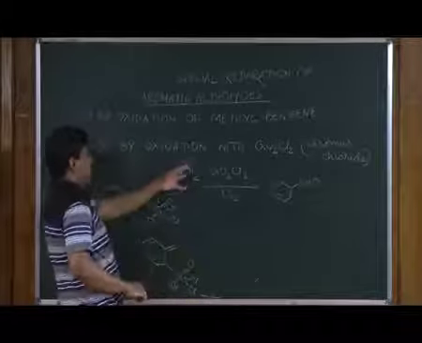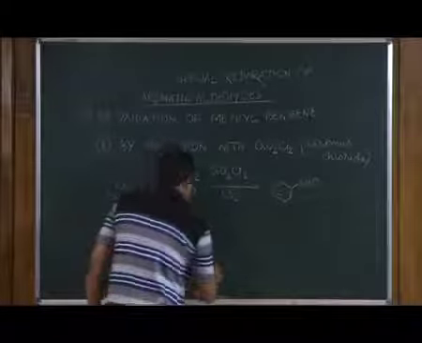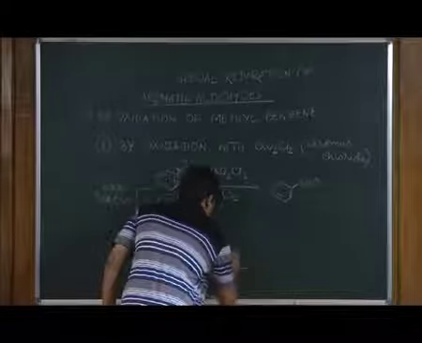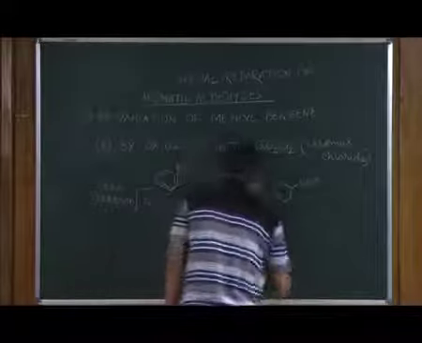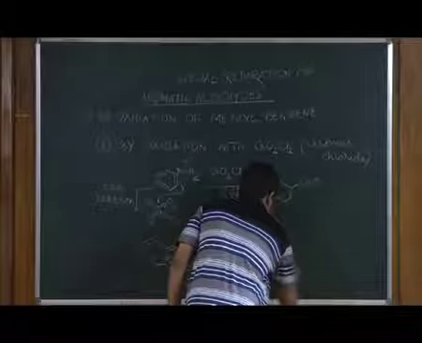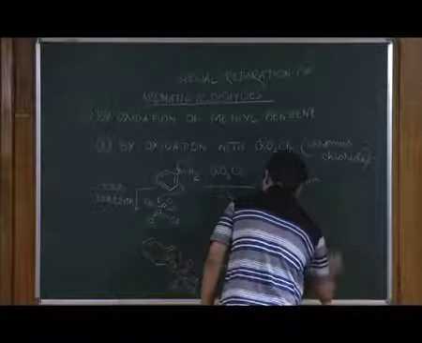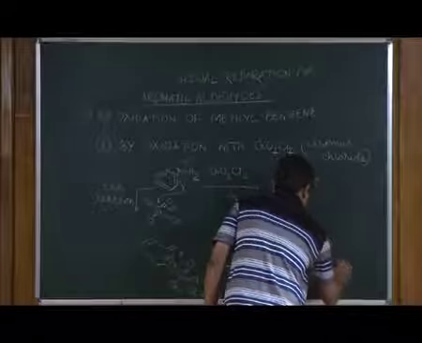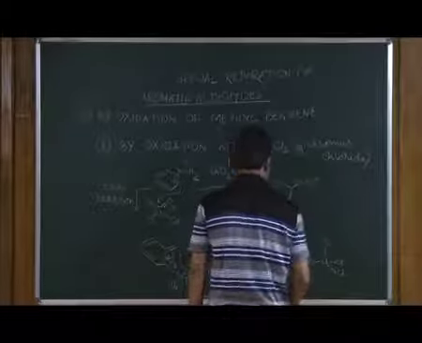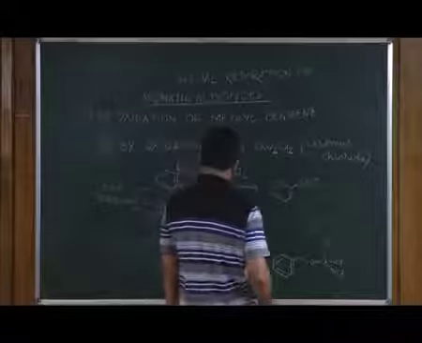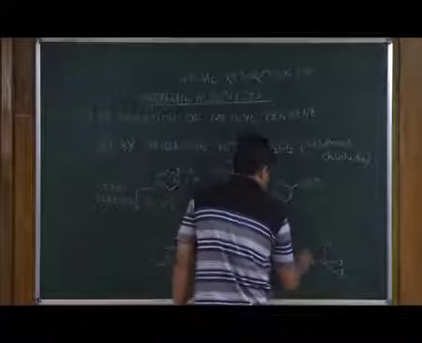In an ene reaction like this, a double bond forms here, and then this one, and then a Cl minus can come.